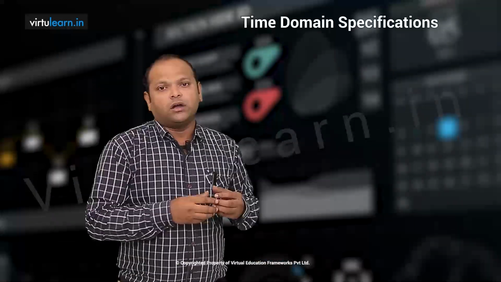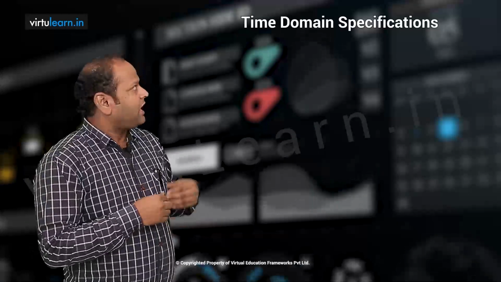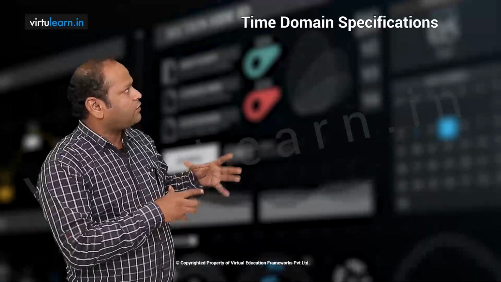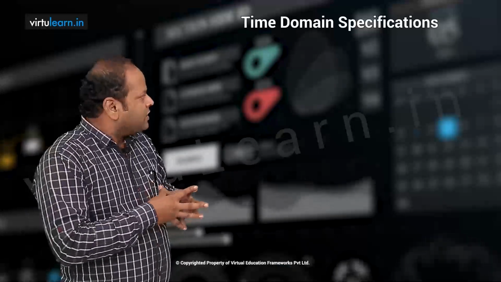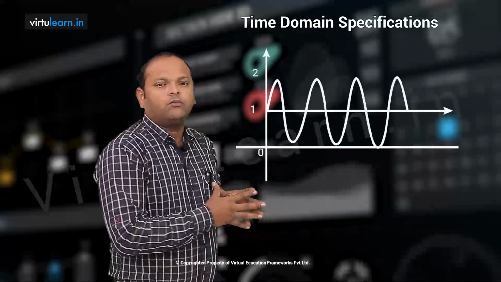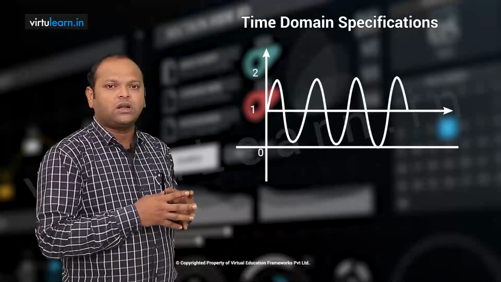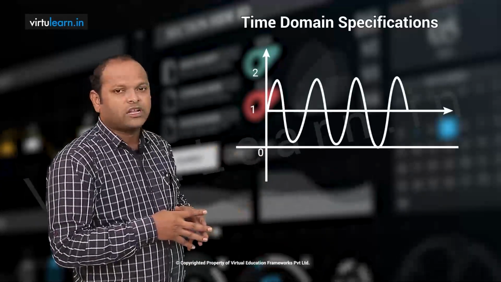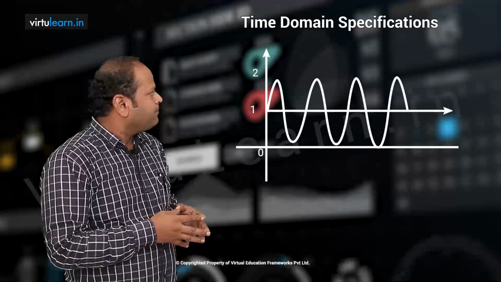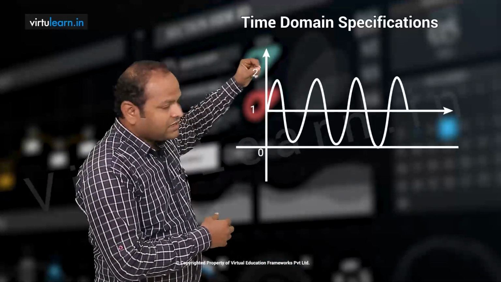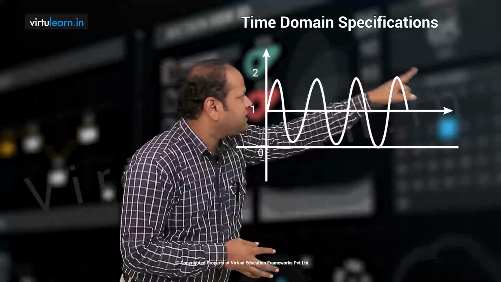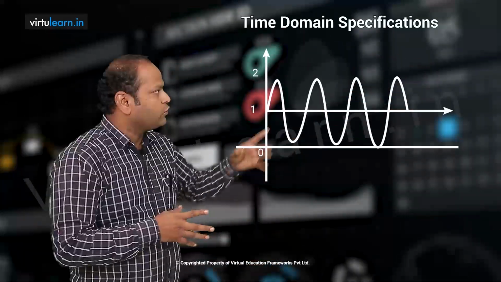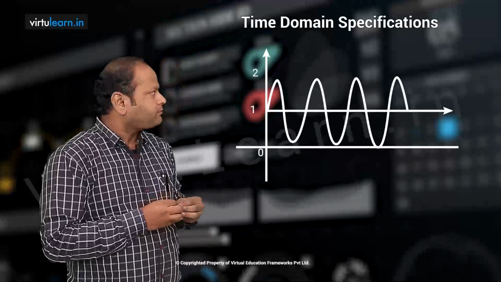Now here we will define those time domain specifications and we will try to derive equations for them. Let us look at the time response. That time response is the underdamped response for a step input. Therefore, the steady state value is 1, and we have oscillations and finally it goes to the steady state value.